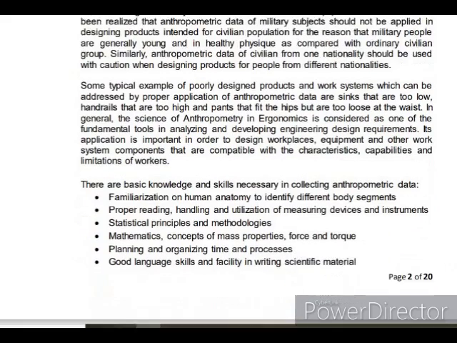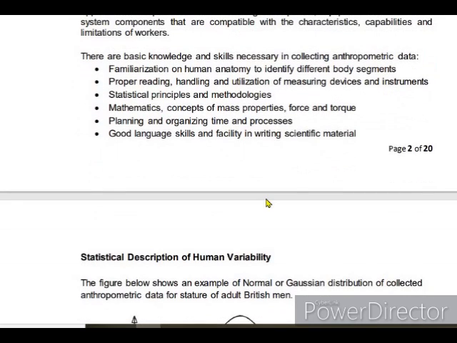Next, there are basic knowledge and skills necessary in collecting anthropometric data. First, familiarization with human anatomy to identify different body segments. Of course, we should be familiar with different body segments so that we can identify them when measuring. Next, proper reading, handling, and utilization of measuring devices and instruments. Of course, we cannot measure correctly if we do not know how to use them.